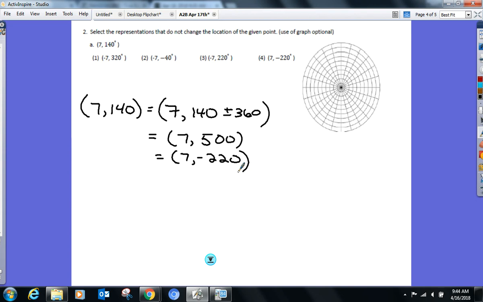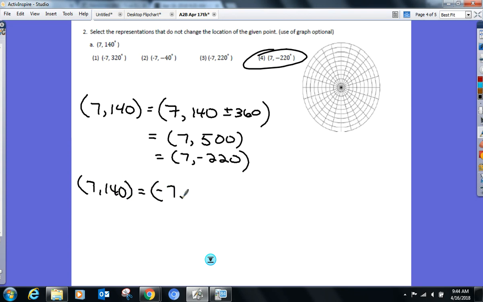Okay, these are all the same points if I graph 7, 140. So far I have 7, and all the rest of them, take a look, are negative, right?